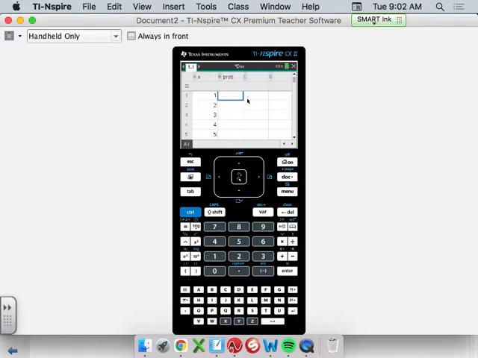Let me fix this color here. Menu. Why is it not working?